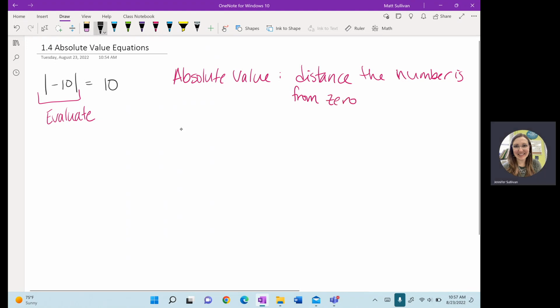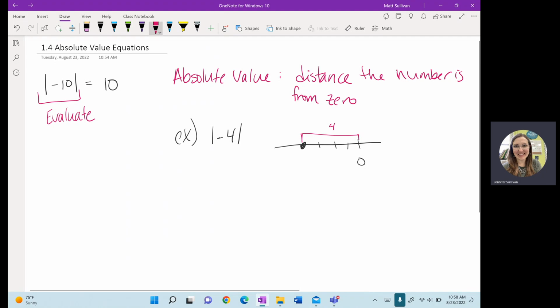So when I have something like the absolute value of -4, if I were on a number line and I had a point at -4, 1, 2, 3, 4, I would want to know what is this distance from -4 to 0. And that has a distance of 4.